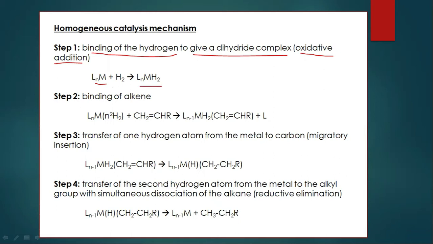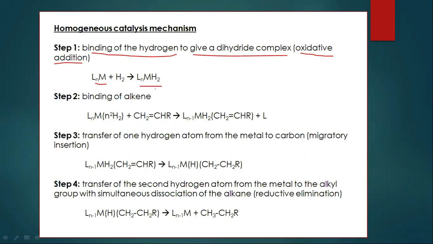This step involves oxidative addition because a change in the oxidation state of the metal occurs during the addition of H2 to LnM. The process is oxidative addition because two molecules add up to give one single molecule. During the process, the oxidation state of the metal increases. That's why it is oxidative addition.